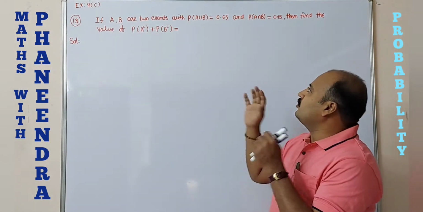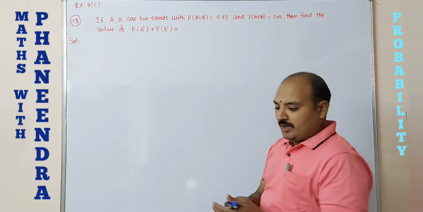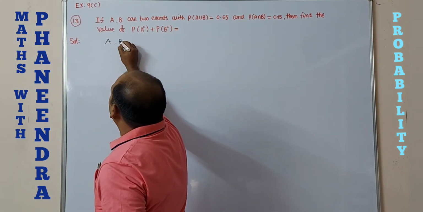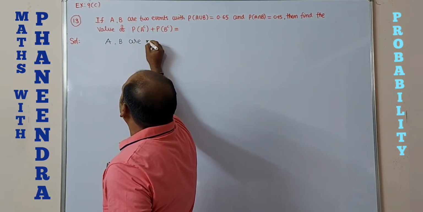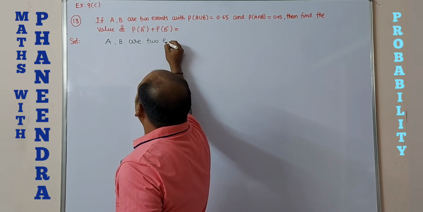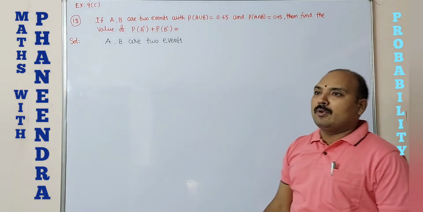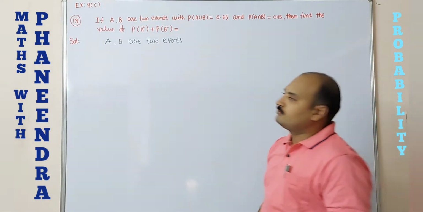First, whatever information is given, you have to write it. Capital A, capital B are two events.